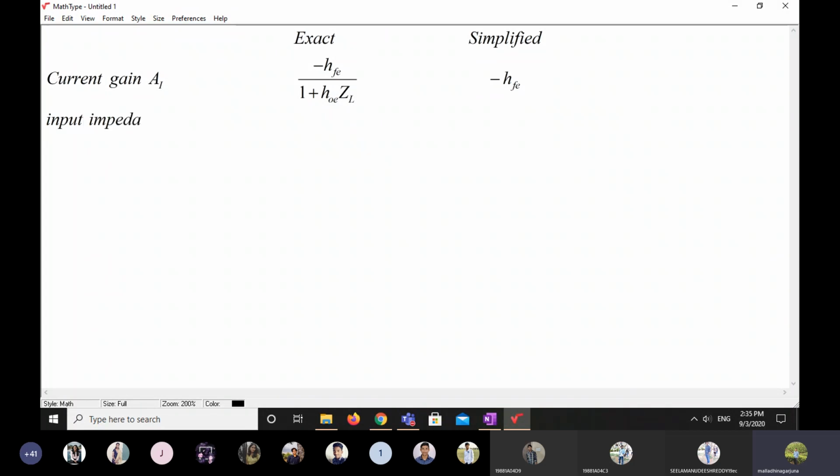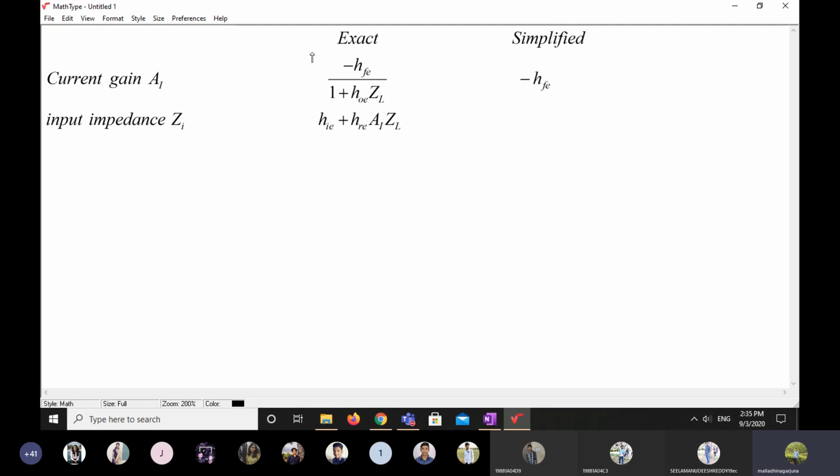Input impedance in the exact model is HIE plus HRE AI into ZL.